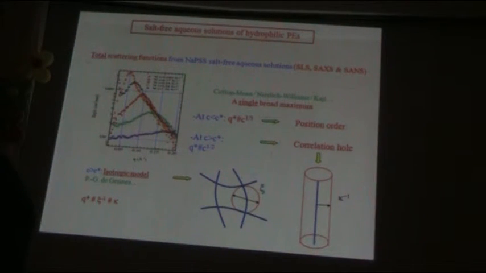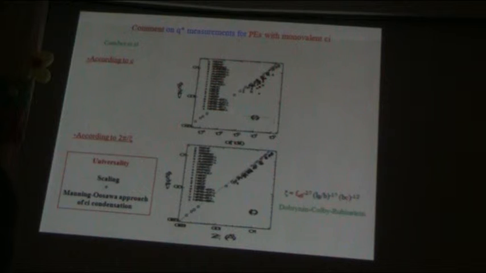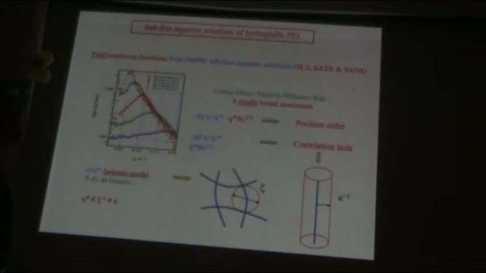But in the case of the polyelectrolyte, of course, the volume of this correlation hole depends on the concentration. Why? Because it depends on the ionic strength, it depends on the Debye screening length.